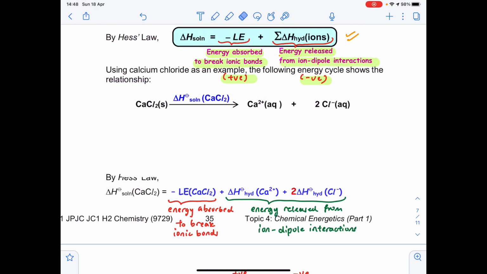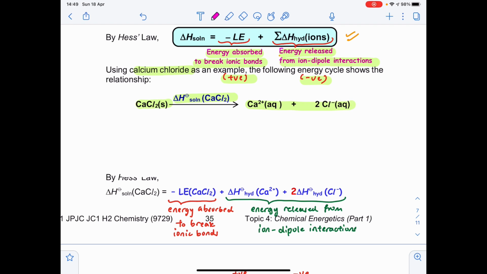Let's use calcium chloride as an example to illustrate how we can construct an energy cycle to link up enthalpy change of solution, lattice energy, and enthalpy change of hydration processes. I'll start with the enthalpy change of solution of calcium chloride to give its aqueous ions.